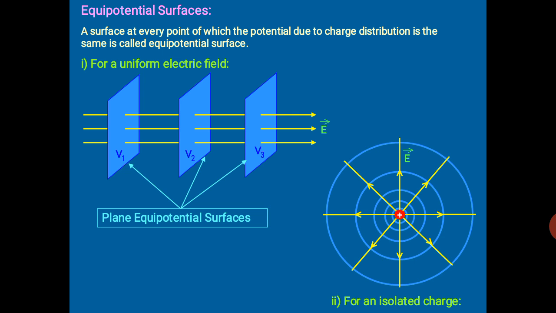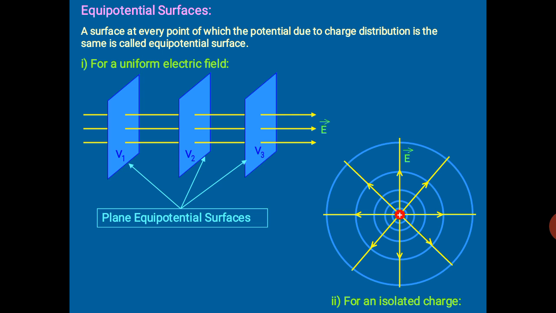You just have to imagine a point charge placed at the center of the sphere, and by measuring the potential on that sphere we are getting the same value, hence that spherical surface itself is an equipotential surface.